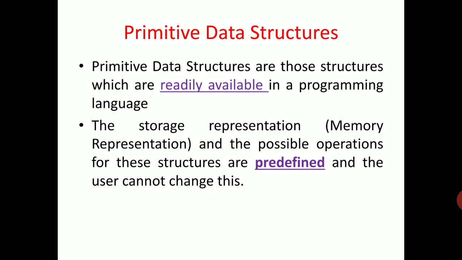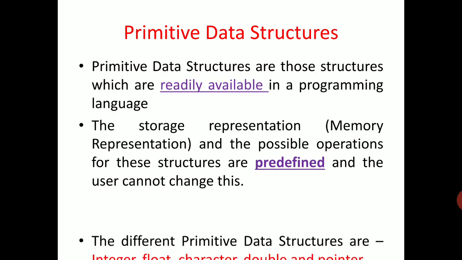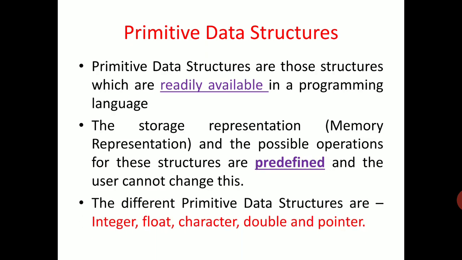The user just has to use it, but he cannot make any changes in its storage or memory representation. The different primitive data structures are integer, float, character, double and pointer. Yesterday we discussed what is integer, float, character, double and pointer. Already we used it.